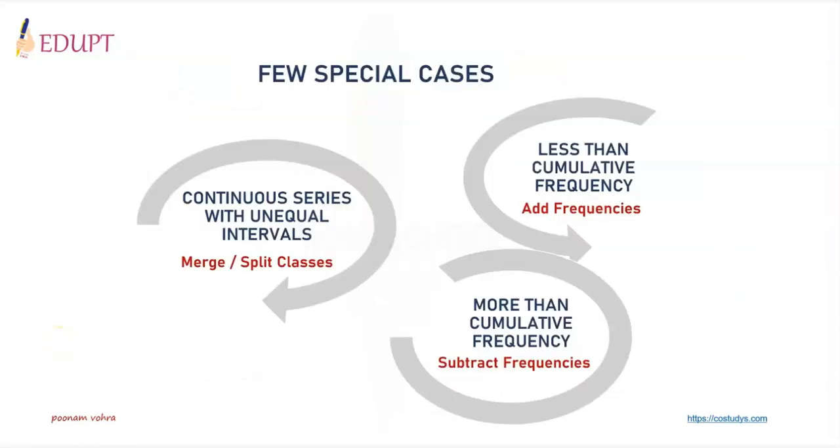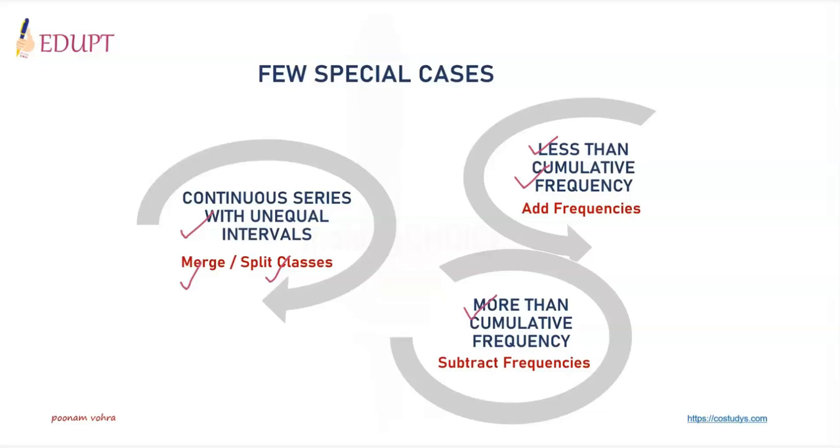Apart from inclusive and exclusive series, there are a few special cases where continuous series are given with unequal class intervals. It means the class size is not equal in all the classes, and then it can be converted into equal class interval by either merging the classes or by splitting the classes. Then there can be cumulative frequency distribution, which is either less than cumulative frequency or more than cumulative frequency distribution.